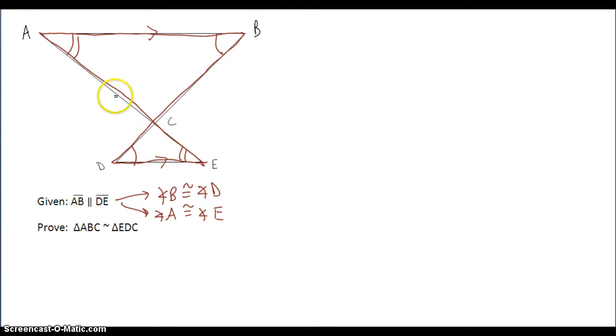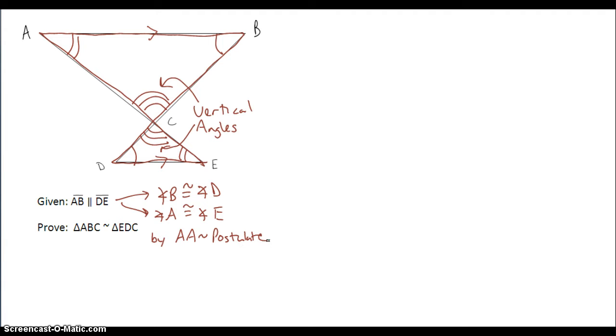And if I look, the way that these 2 triangles are drawn, I also have vertical angles that are congruent. So if I'm going to prove these triangles similar, I'm going to use the angle-angle similarity postulate. When I write my proof, I need to make sure that I have 2 pairs of congruent angles to conclude that my triangles are similar.